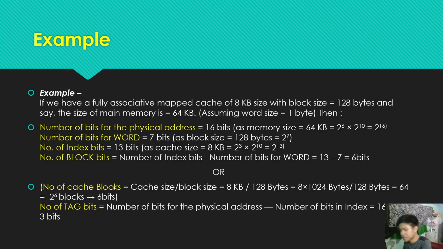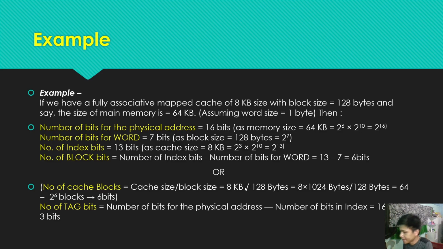Or you can do this as another way of computation. The number of cache blocks is equal to cache size divided by the block size. Let's find the cache size. It's right here. The cache size is 8 kilobytes, and the block size is 128 bytes.